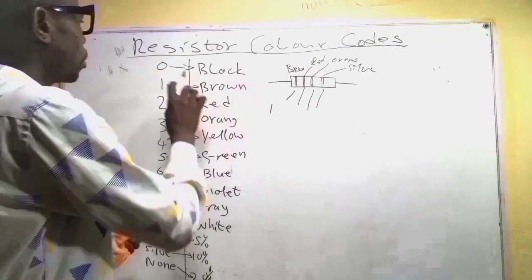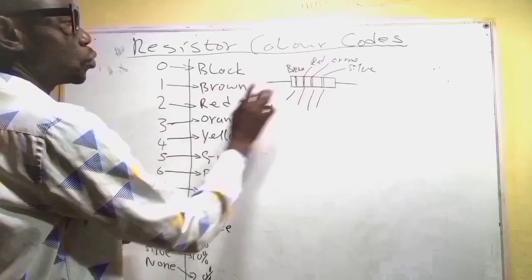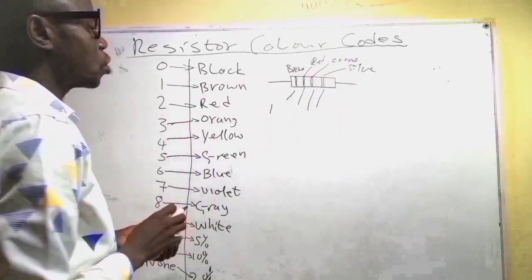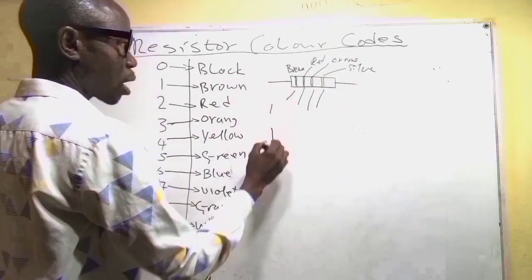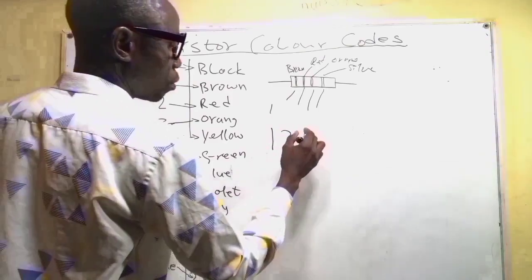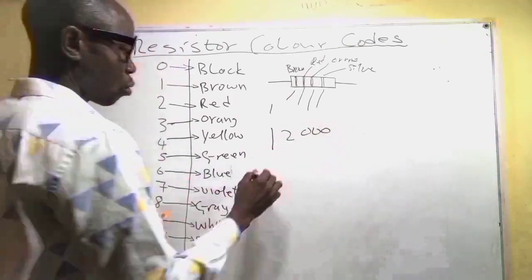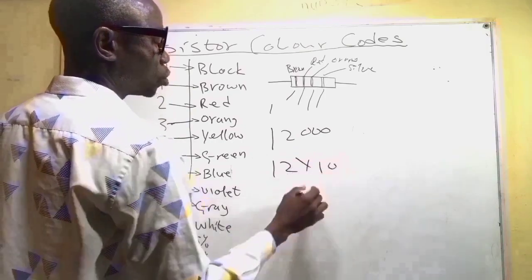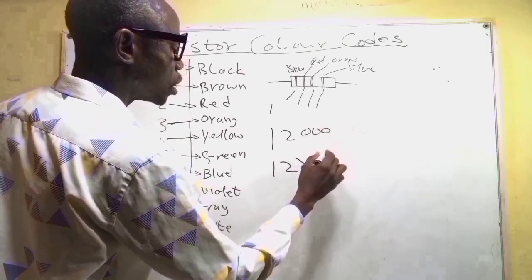So brown stands for 1, red stands for 2, orange stands for 3. So here it is 1, 2, 0, 0, 0, or 1, 2 times 10 to the power 3.